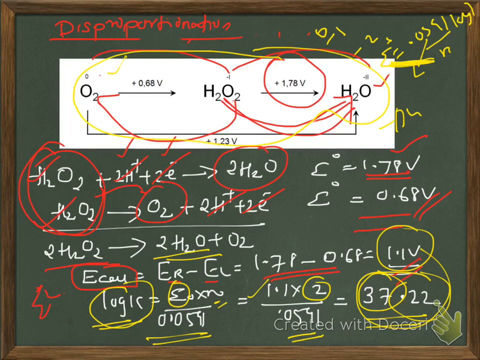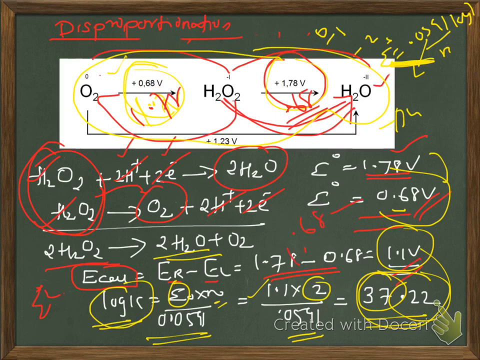Suppose the left value is higher and the right value is lower. Then in the same way we will subtract. Here we have subtracted 0.68 from 1.78. If it is 1.78 on the left and 0.68 on the right, suppose the condition is like that, then we have to calculate 0.68 minus 1.78, and the value will be negative.